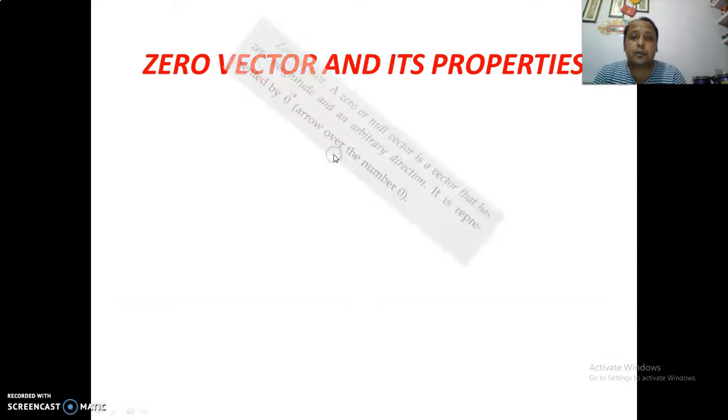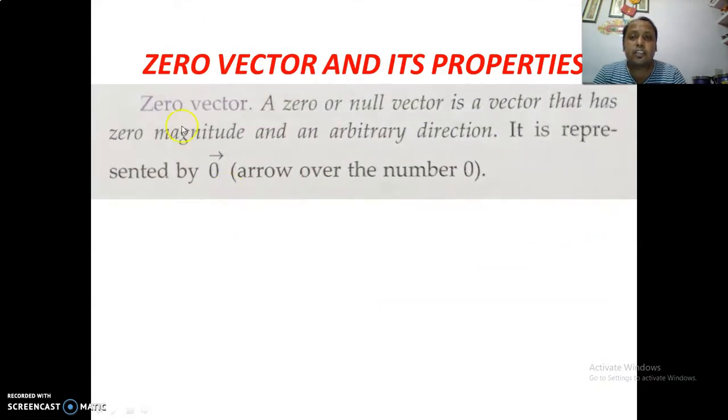So first of all, what is a zero vector? A zero or null vector is a vector that has zero magnitude and an arbitrary direction. Now you need to understand a vector which has a zero magnitude. It doesn't have any magnitude, but it has an arbitrary direction, so that being zero, it still remains a vector.